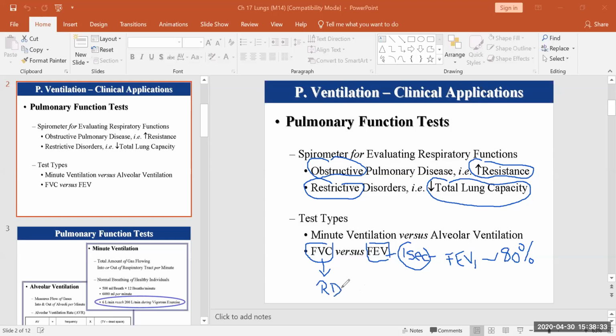So this is due to a decrease in total lung capacity. Okay, so a low FVC is indicative of restrictive disorders caused by a decrease in total lung capacity. But obstructive pulmonary disease will be indicated by a low FEV1. Okay.